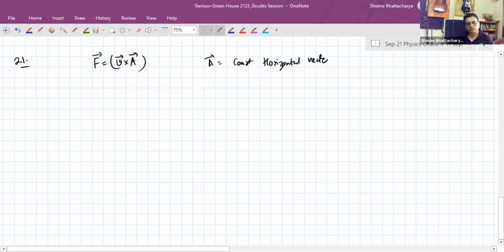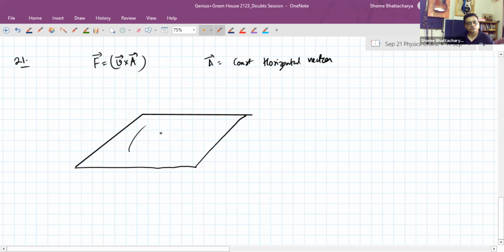So let's visualize this problem three-dimensionally first. Let's say this is some kind of a horizontal plane. Gravity is perpendicular to this, like this. This is your vertical direction.